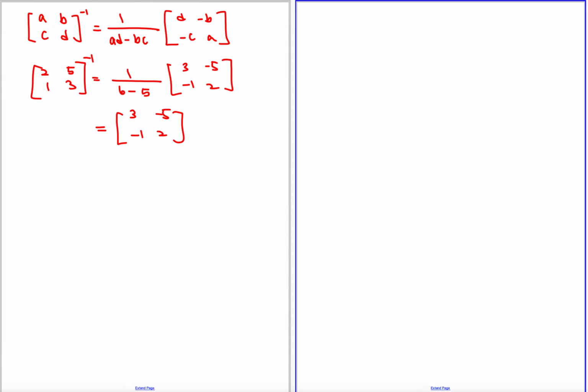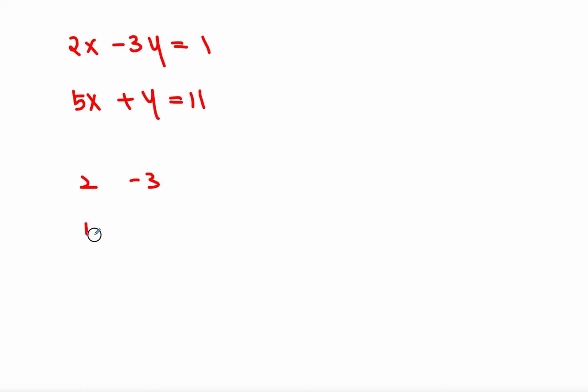One of the applications is, once again, the system of equations. Imagine I have 2x minus 3y equal to 1, and 5x plus y equal to 11. I want to find the values of x and y. We know how to express this one, because the coefficient matrix is 2, -3, 5, and 1.